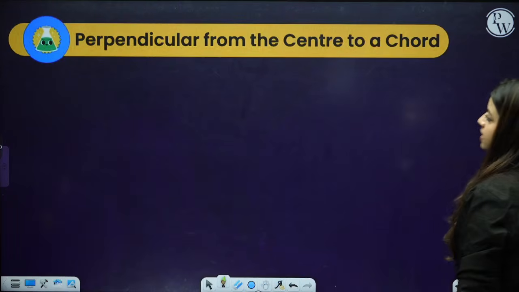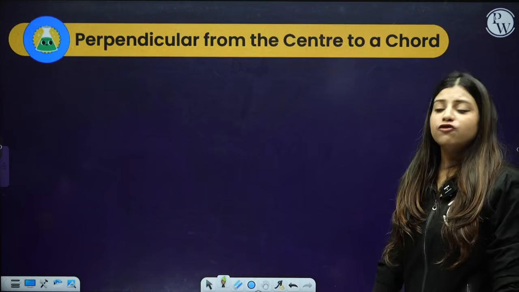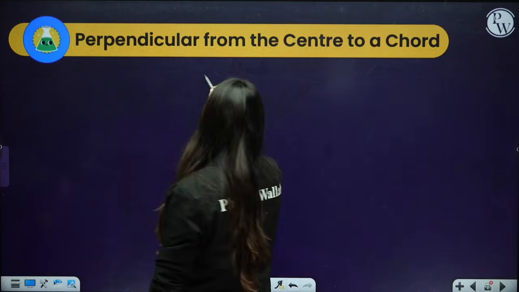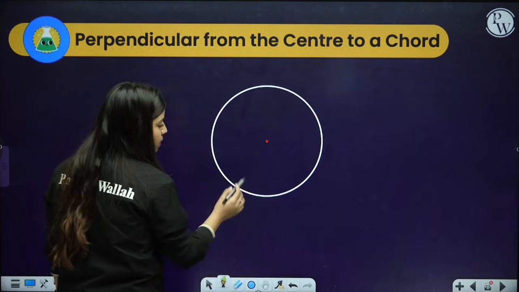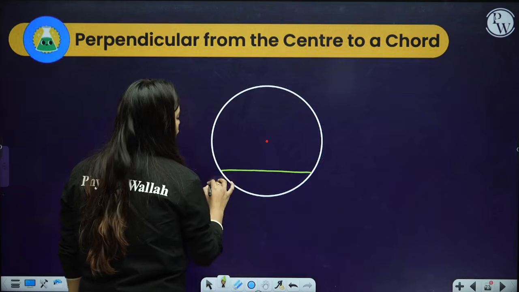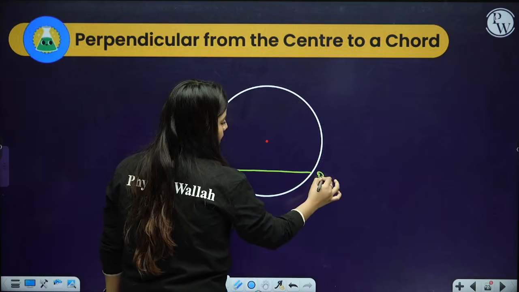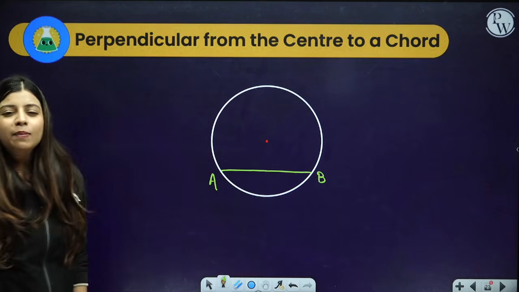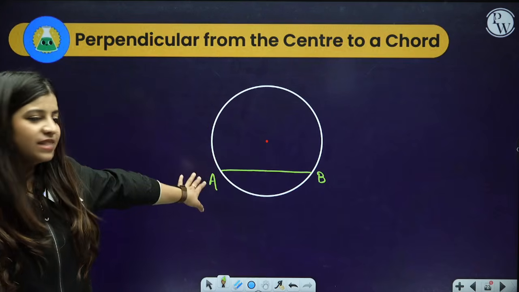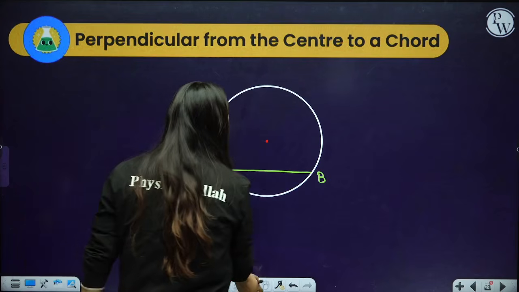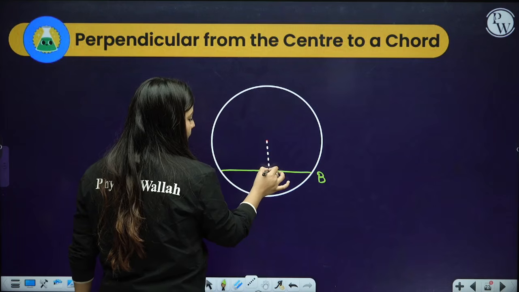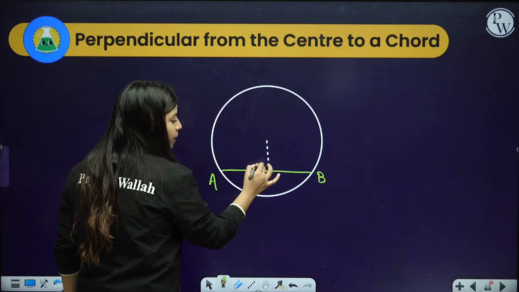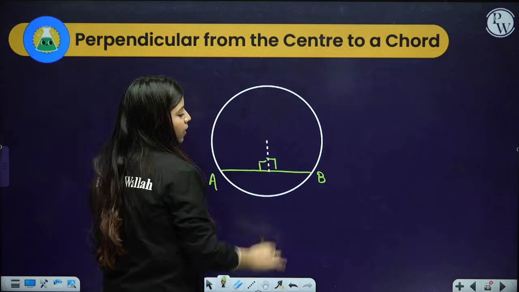The next is, perpendicular from the center of a circle to a chord. Now this is the circle, this is the center. Let's say this is our chord AB. From the center, if I draw a perpendicular, meaning 90 degrees, to this chord.